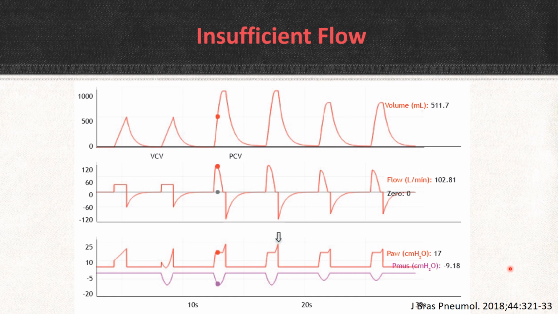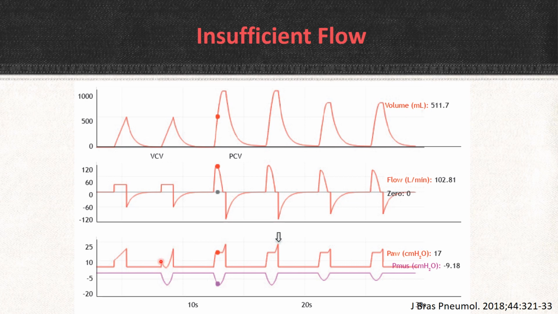This is an example of insufficient flow. This is the volume curve, this is the flow waveform and this is the pressure waveform. We know in volume limit ventilation the flow waveform is square form and the pressure waveform is triangular. Here, if you see, this is not triangular. Rather, at the beginning of inspiration, rather than gradually increasing, there is a sudden dip in the pressure, a scooping of this pressure waveform.